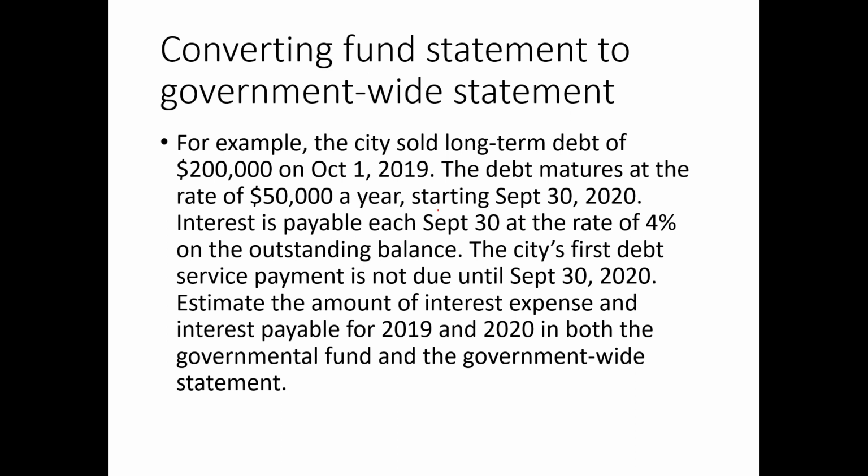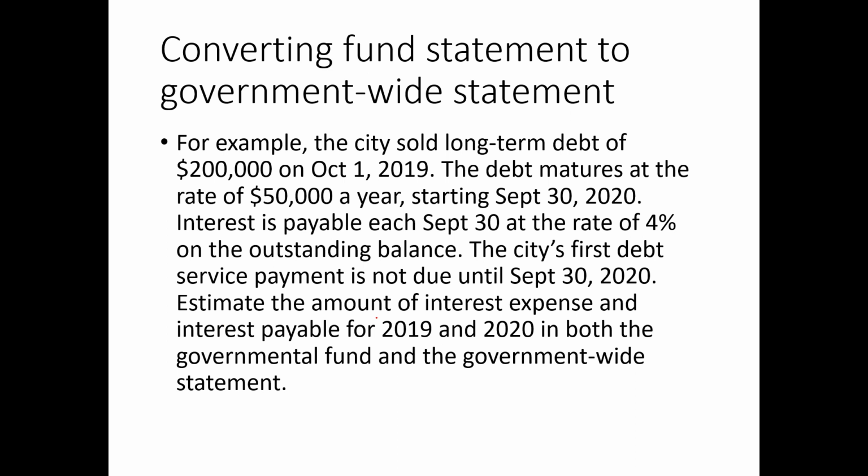So on September 30th, 2020, we're going to pay principal of $50,000 plus interest. Interest is payable each September 30th, at 4% on the outstanding balance. The city's first debt service payment is not due until September 30th, 2020.